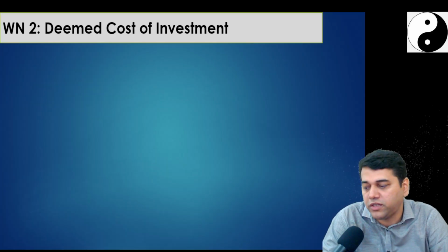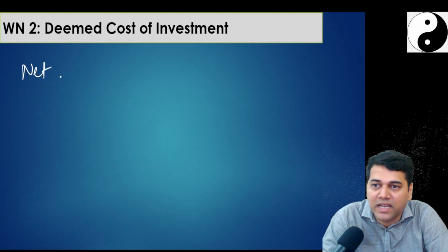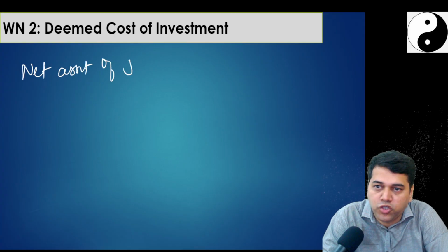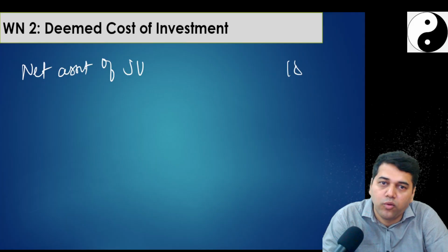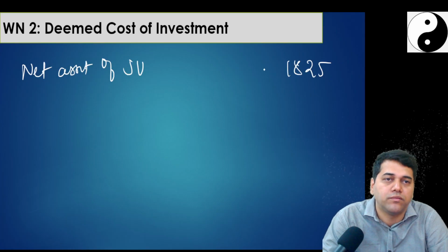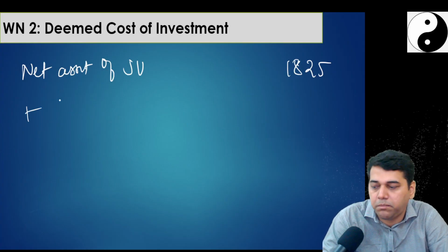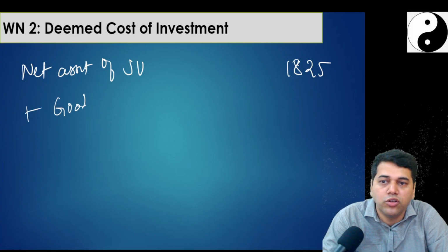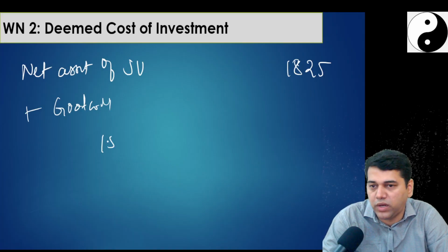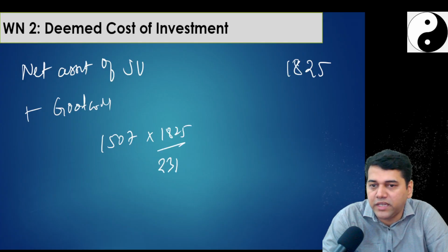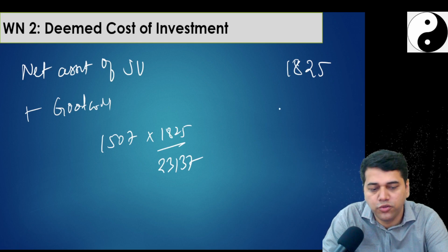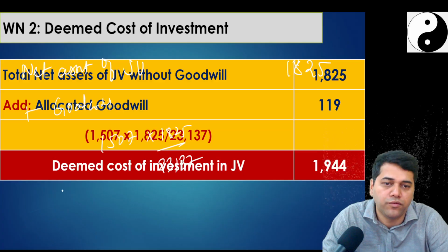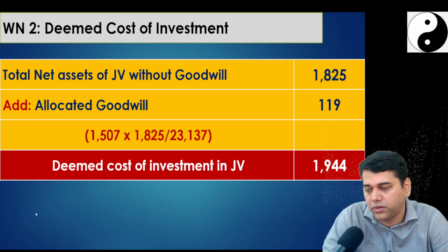So deemed cost of the investment, net asset of joint venture, how much? 1825, plus goodwill. How much? 1507 into 1825 divided by 23,137. This gives you 1944.